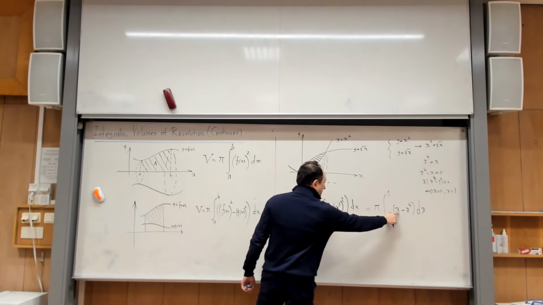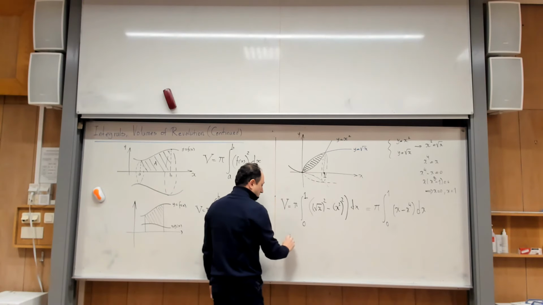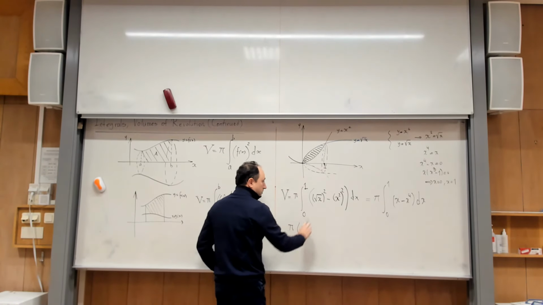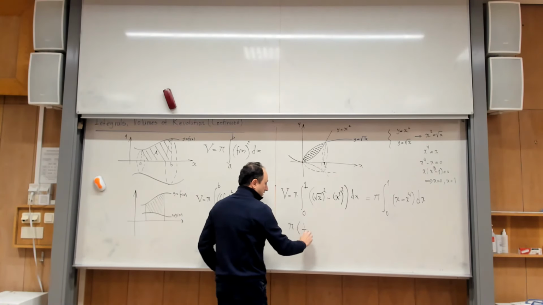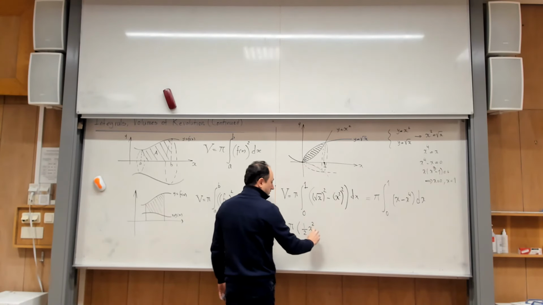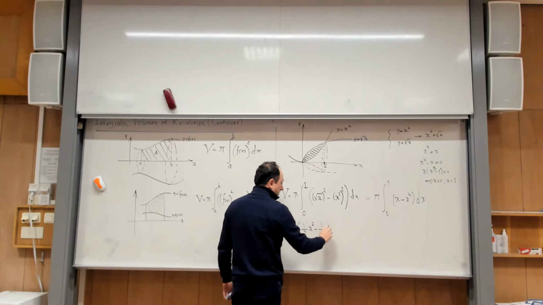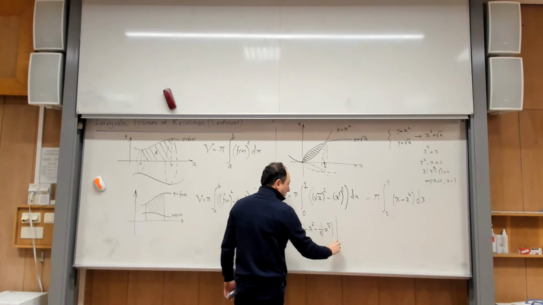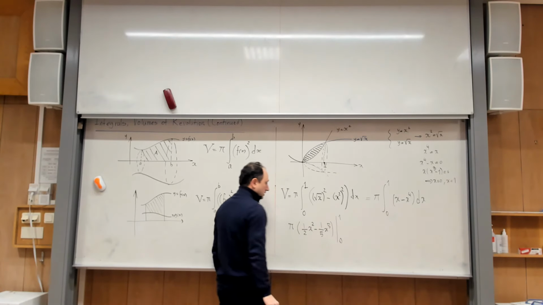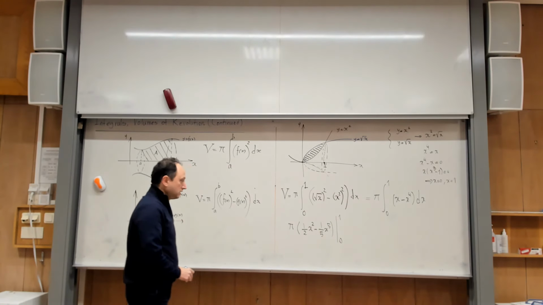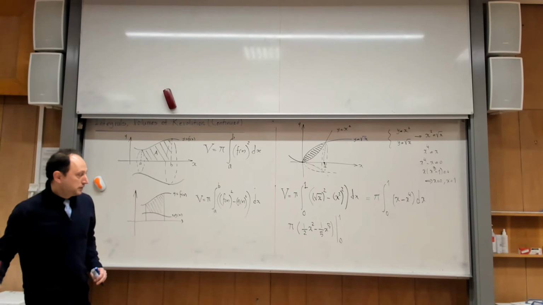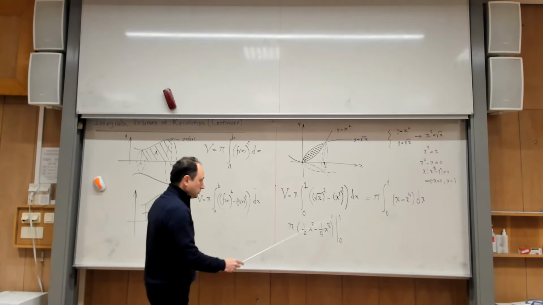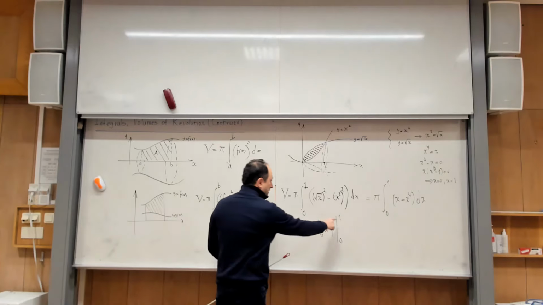So a primitive function for x. So let me just write pi. A primitive function for x is 1/2 x squared. A primitive function for the other one is 1/5 x to the 5. And then I have to run this from 0 to 1. And the good point is that for 0, I don't have any problems, because if I replace x with 0, this will vanish. And the only thing is that I have to put 1.